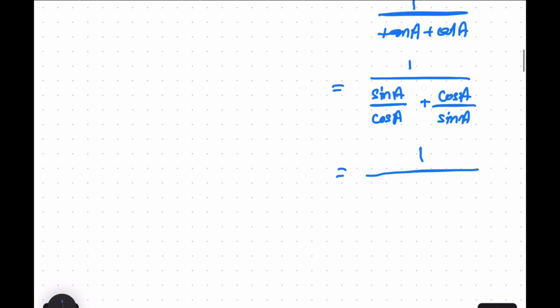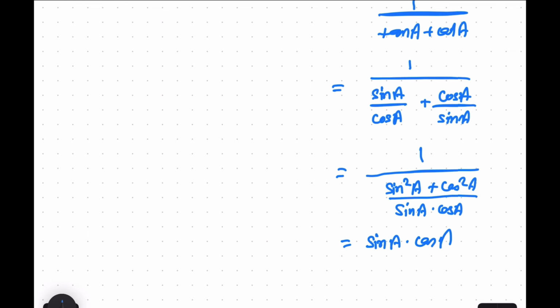This is 1. Over here we can write as the LCM sine A times cos A. So cos A and cos A will cancel out, remaining is sine A, and multiplied with the sine will become sine squared A. Similarly here it will become cos squared A, right? So sine squared A plus cos squared A is 1, and it is remaining sine A times cos A. So this is basically the RHS.